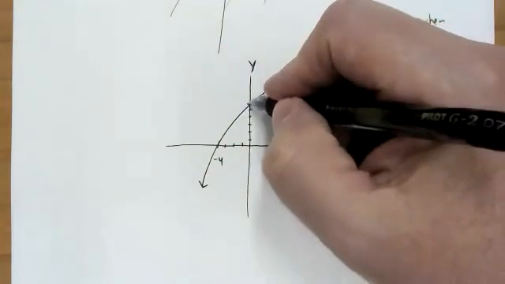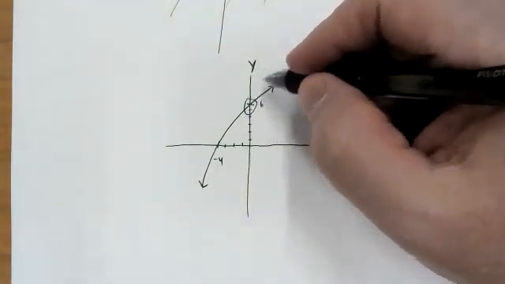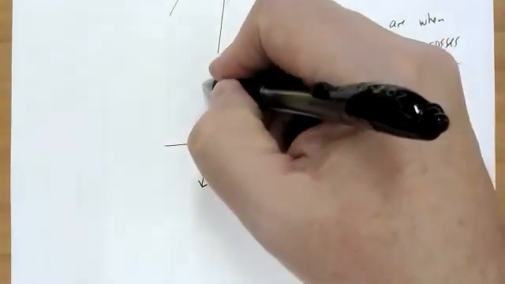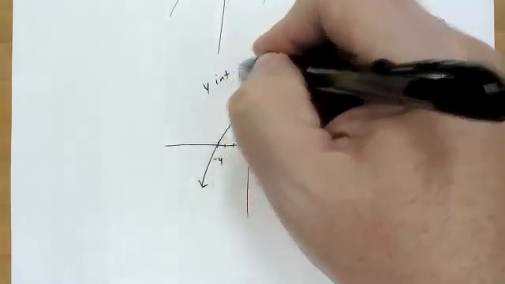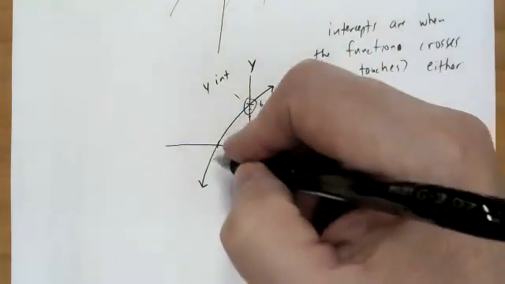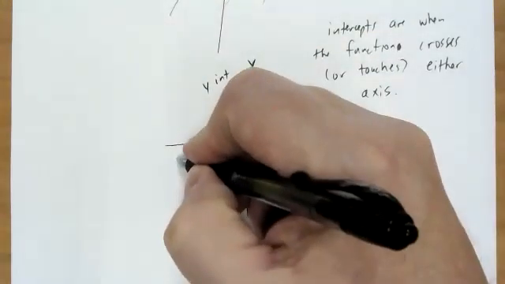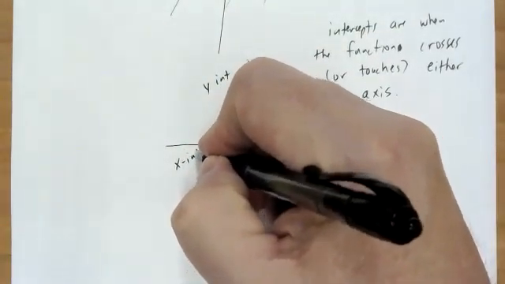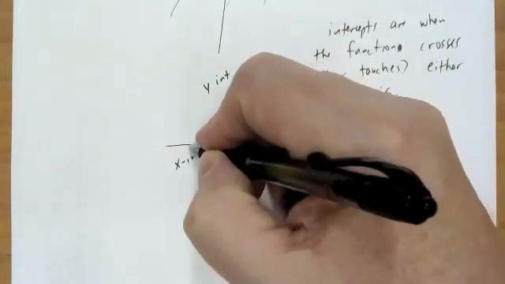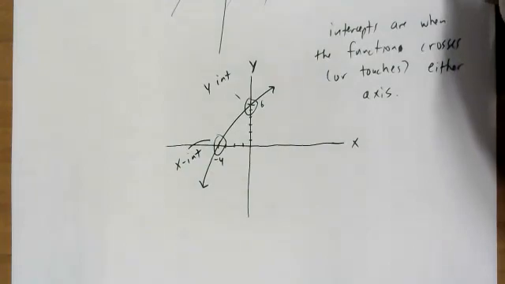So here, this graph is now crossing the y-axis. That point we call the y-intercept. And then here, the graph crosses the x-axis, so we call that point the x-intercept.